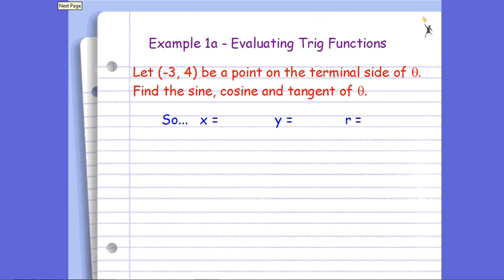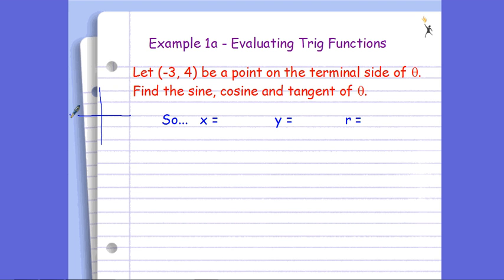Here's your problem. It says let negative 3, 4 be a point on the terminal side of theta. Find the sine, cosine, and tangent of theta. Okay? So, here's the situation, people. Where is negative 3, 4, by the way?